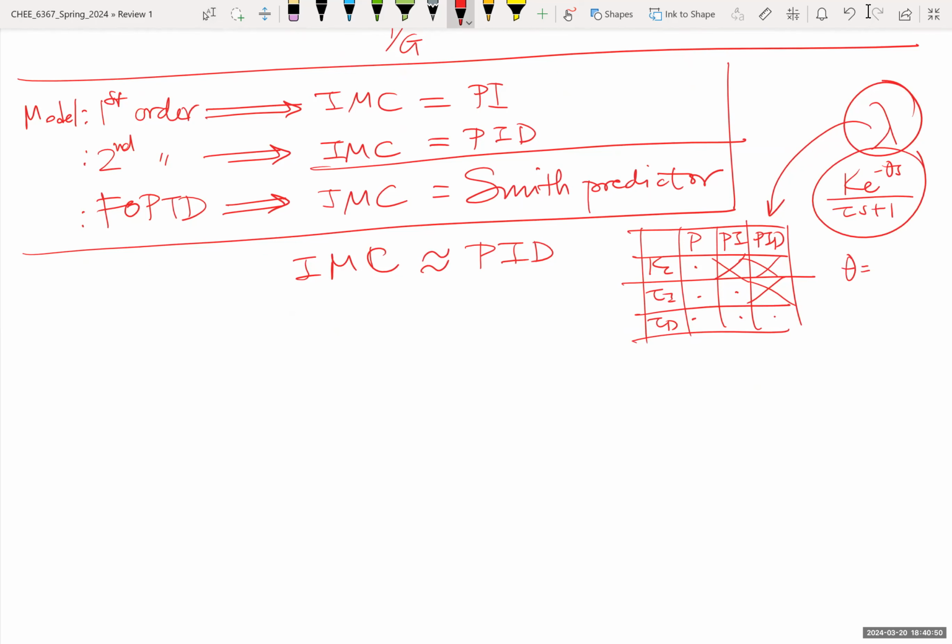If lambda is greater than this, the system has robust stability and robust performance. If you make lambda less than delta theta, you will likely run into robust stability problems.